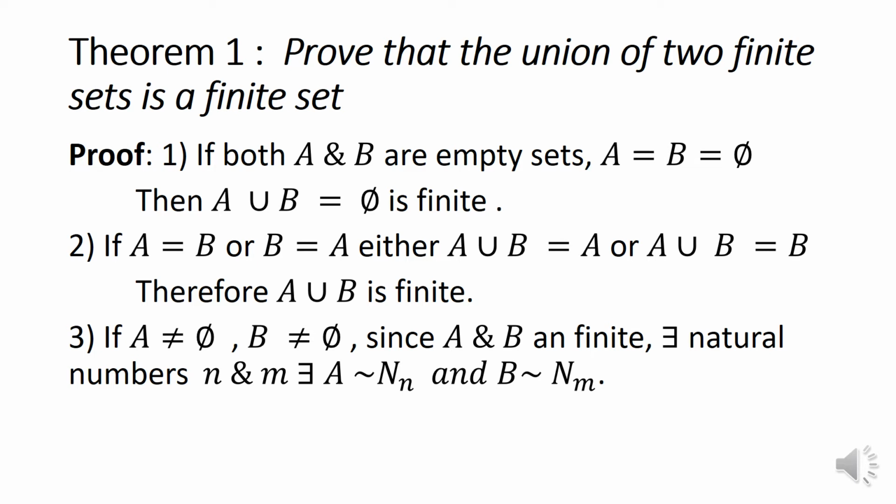For that we shall consider natural numbers n and m, such that the number of elements in the set A is n, and the number of elements in B is m.